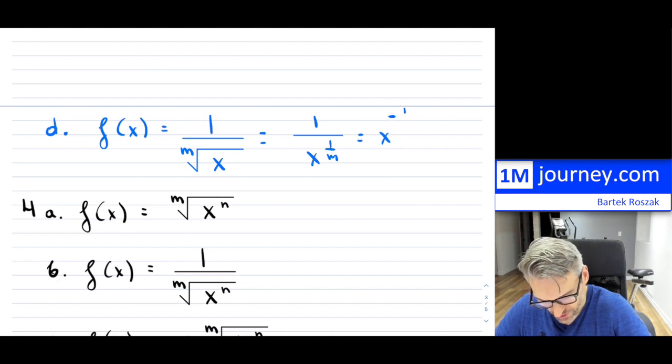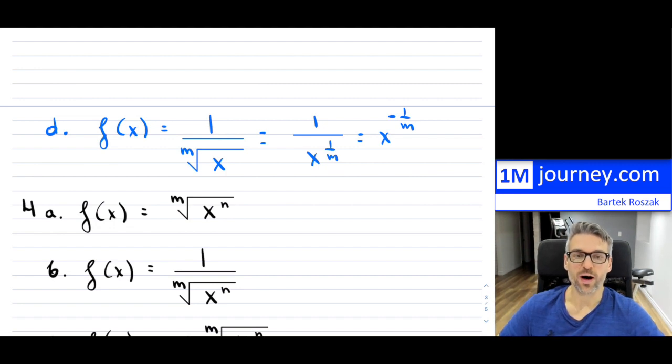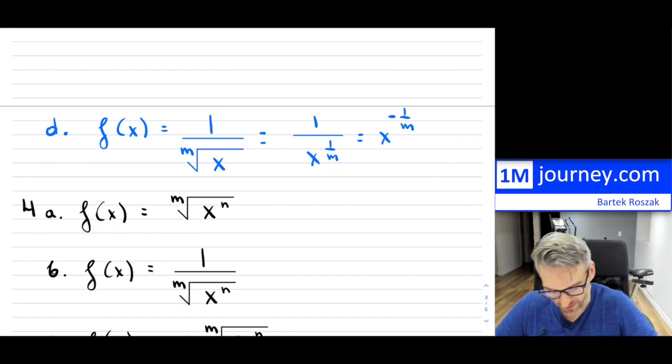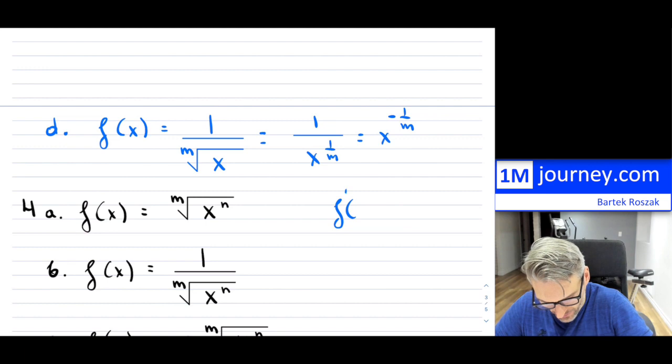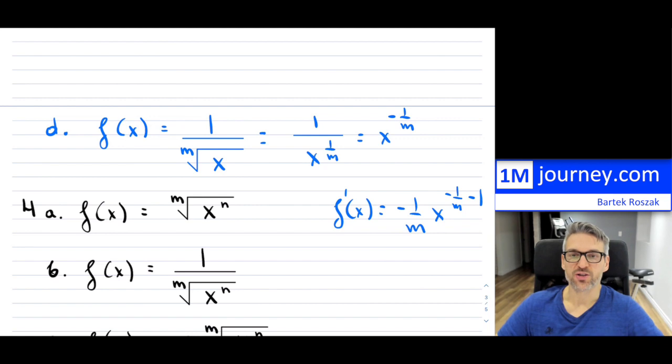So this is going to be x to the negative 1 over m. What's the derivative of that? Well, the derivative becomes negative 1 over m multiplied by x to the negative 1 over m minus 1. So I think by now you're recognizing the pattern.